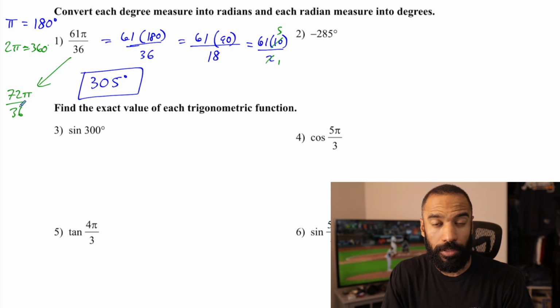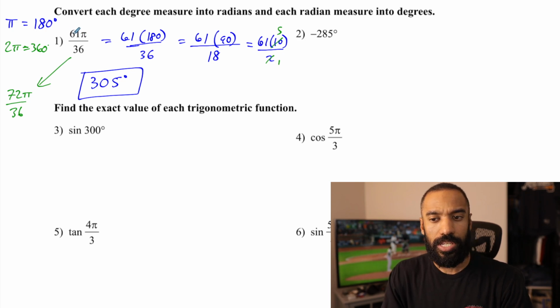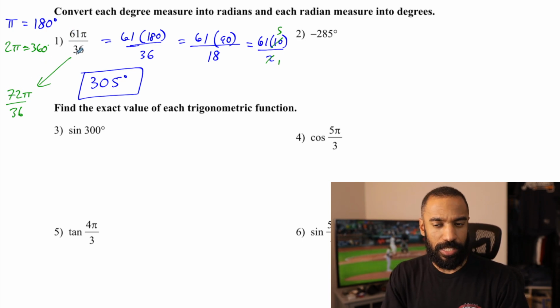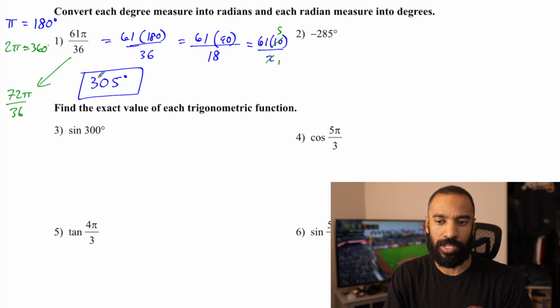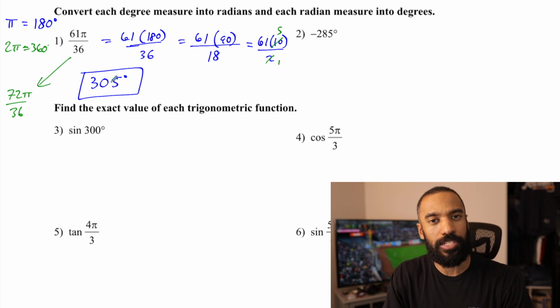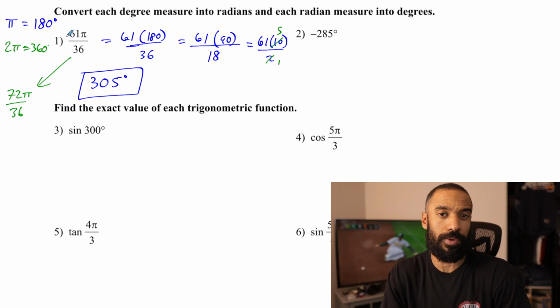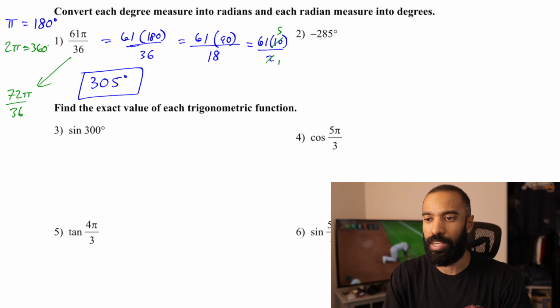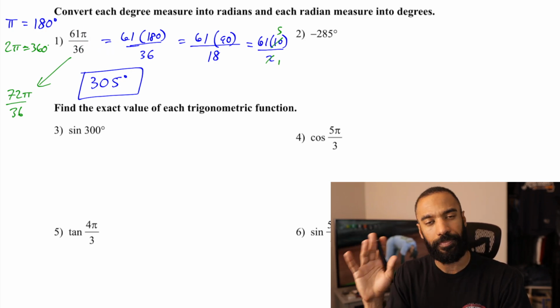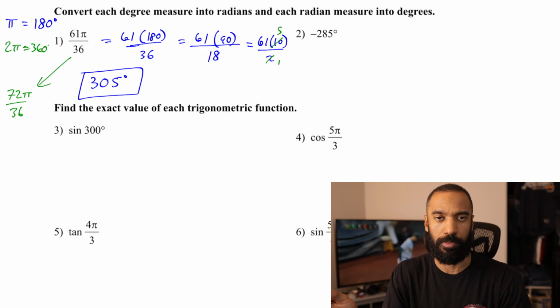Because 72 is double that of 36. So 61 is less than 72, so 61 over 36 pi is going to be less than 360 degrees. And I accept this answer here. It's close to 360, it's not quite 72. I'm just giving you a good heads up on how you can feel like your answer does make sense.